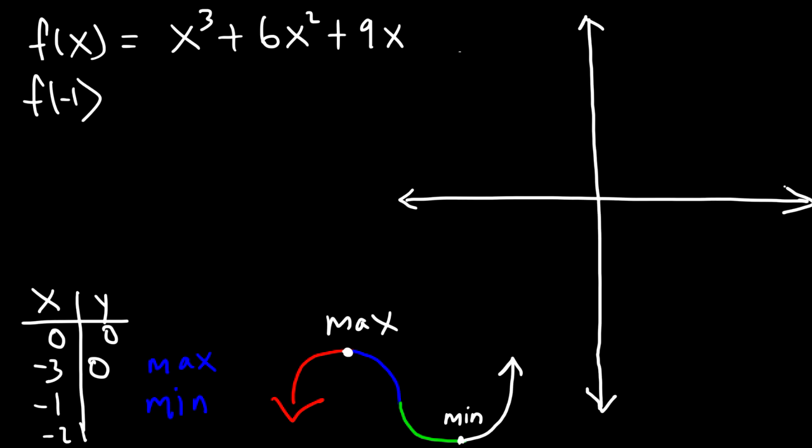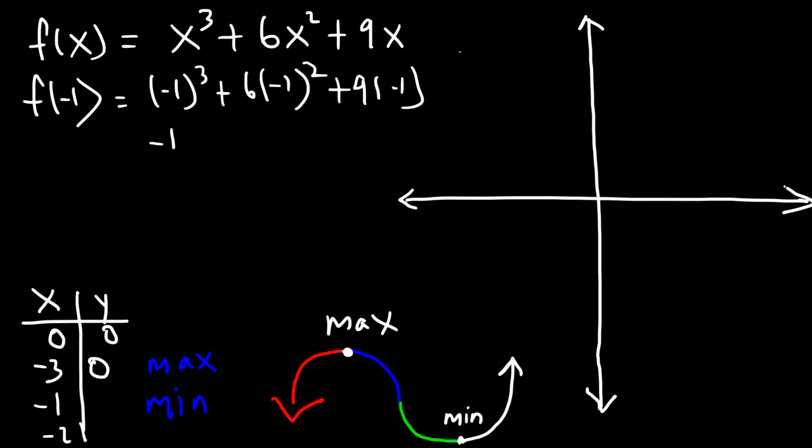So when x is -1, it's going to be -1 to the third plus 6 times -1 squared plus 9 times -1. So that's -1 plus 6 minus 9. So negative 1 plus 6 is 5. 5 minus 9 is negative 4.